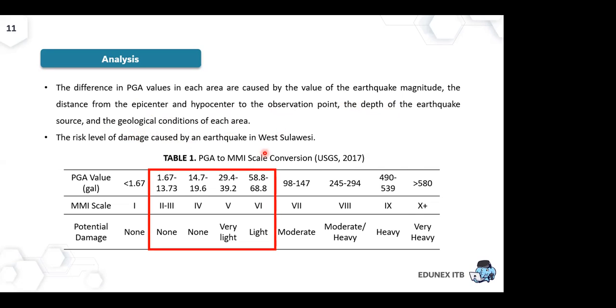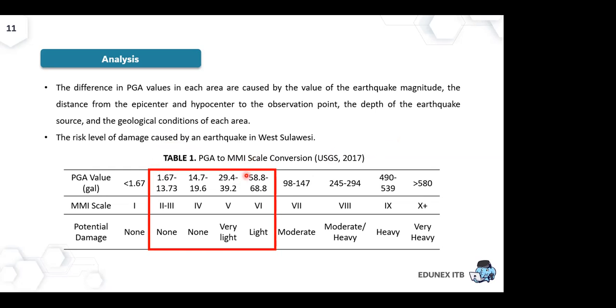And then after getting the PGA value in each area, we will also determine the risk level of the damage caused by an earthquake in West Sulawesi, where the PGA value will be connected with the intensity of earthquake using the modified Mercalli intensity or MMI scale conversion, which can be seen in table 1.